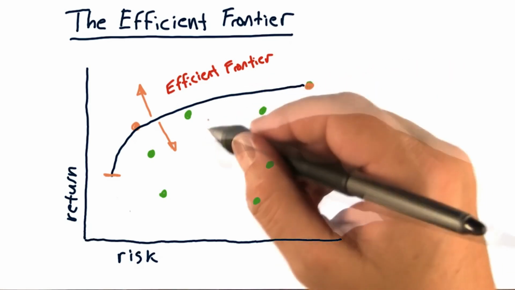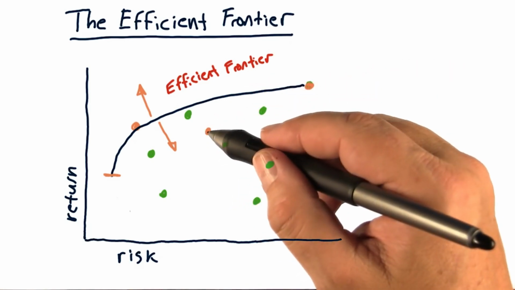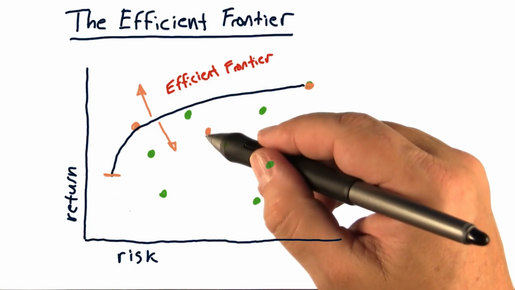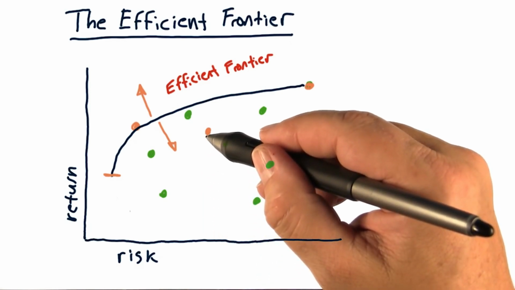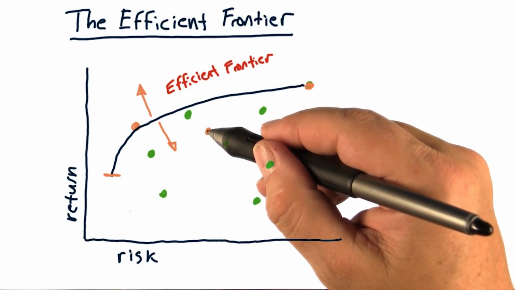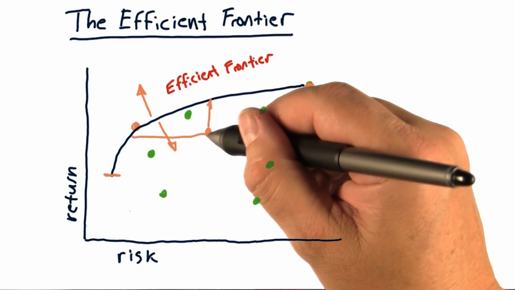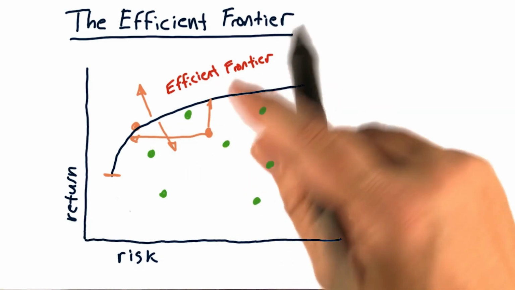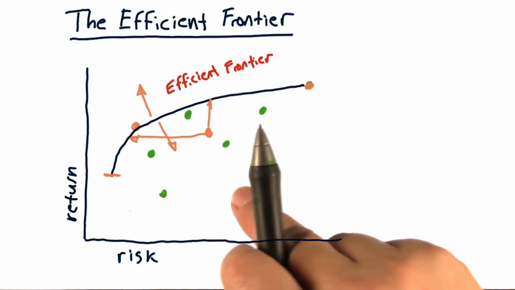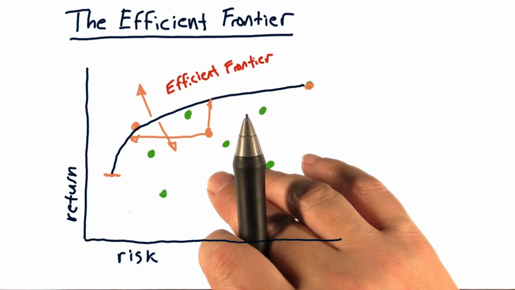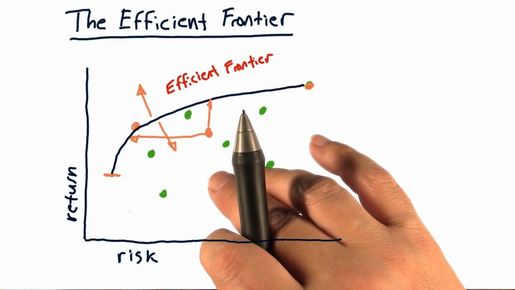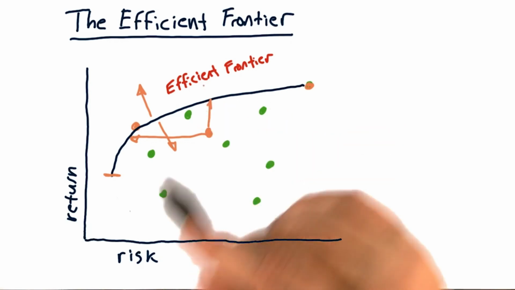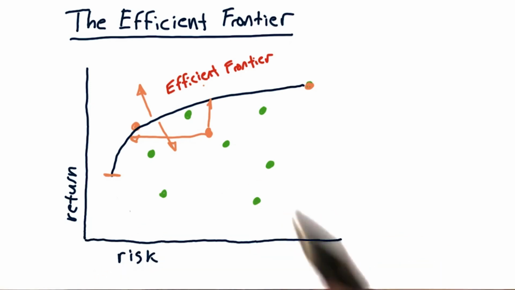So for instance, if you had a portfolio here, you are assuming this much risk for a lower return than you could have if you were up here on the frontier. Or if you were targeting this much return, you could be over here with regard to risk. So any portfolio inside here is not efficient because it's either higher risk or lower return than it could be if we were on the efficient frontier.